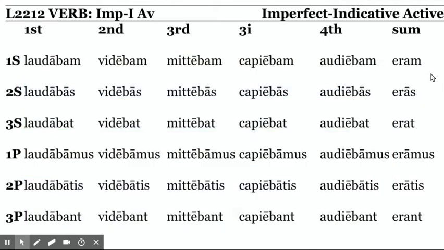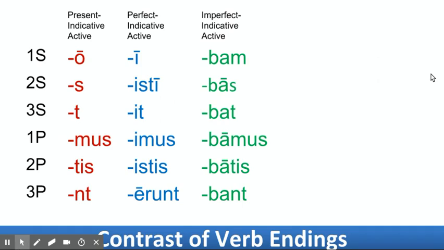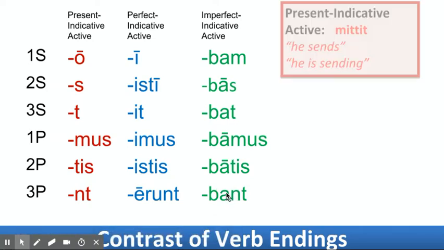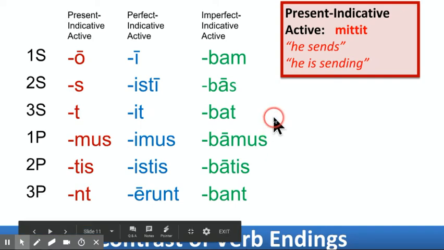So the endings: first singular, o, i, or bam; s, isti, bas; t, it, bat; mus, imus, bamus; tis, istis, batis; nt, erunt, bant. So when you put them side by side, you see the endings are very straightforward and very similar. Latin isn't designed to be hard.